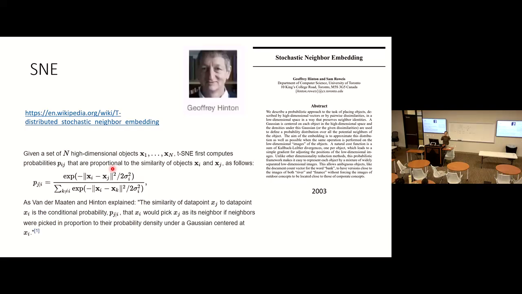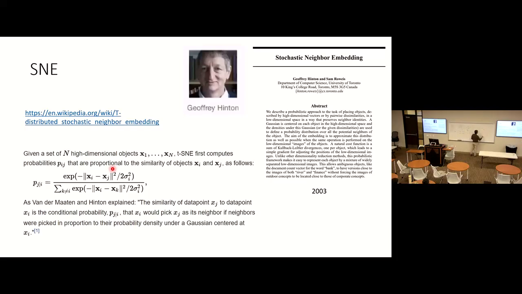If the two points are close to each other, then they are likely to be neighbors, so the probability is high. If these two points are far away from each other, then the probability of being neighbors will be low.